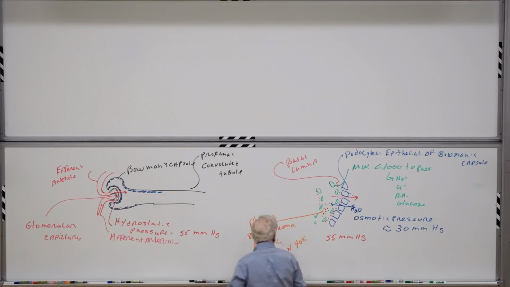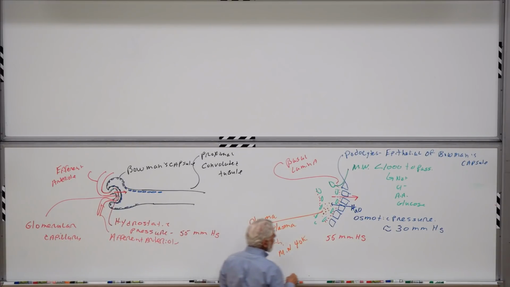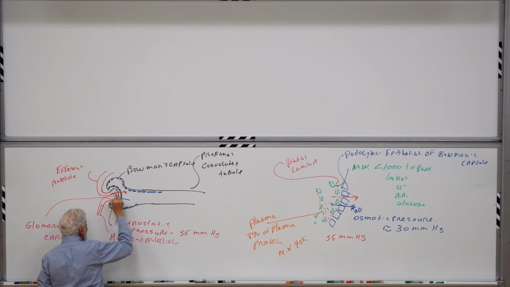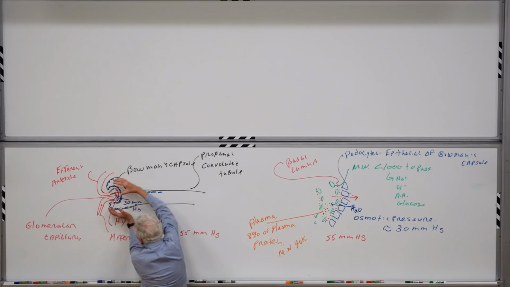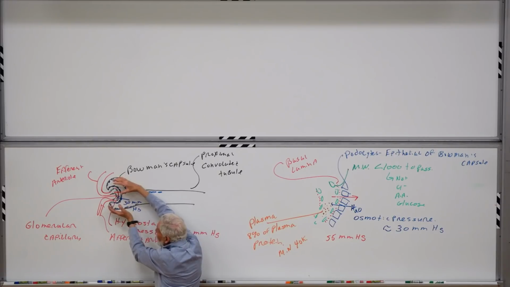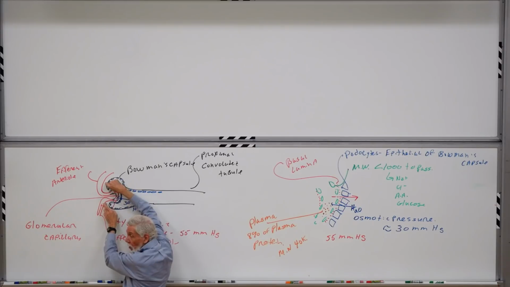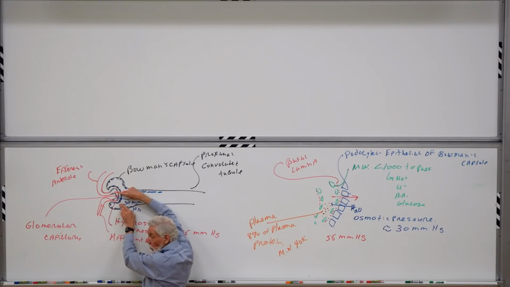Well, there's one other pressure I want to put in purple. Let me draw this up here. So blue is the osmotic pressure, moving things back. This is about 30 millimeters of mercury. But now, if you can envision this mouth-like structure as a proper chalice or cup that's basically sealed off up here, then you can imagine how we can put fluid into this Bowman's capsule and begin to fill it with water, with fluid.